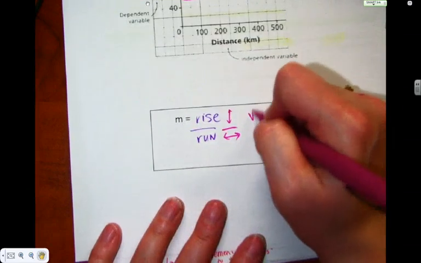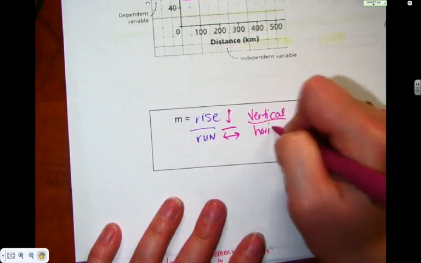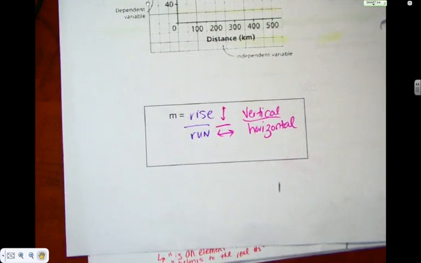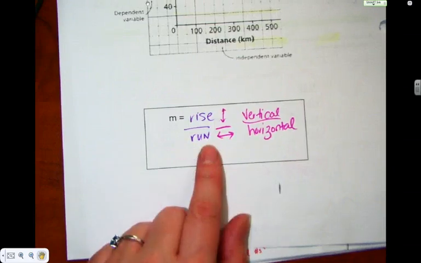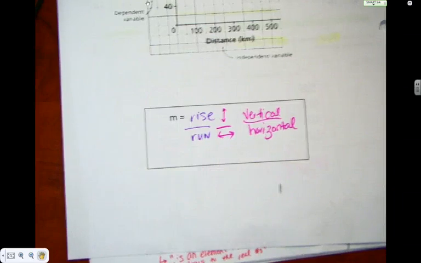So we also call this the vertical displacement over the horizontal displacement. It doesn't matter which of those 3 you remember or you use to remember. It just depends on what your brain is. Lefties tend to like rise over run. Right people tend to like symbols. Completely up to whatever works best for your brain. You just need to know that it is the vertical displacement divided by the horizontal displacement.